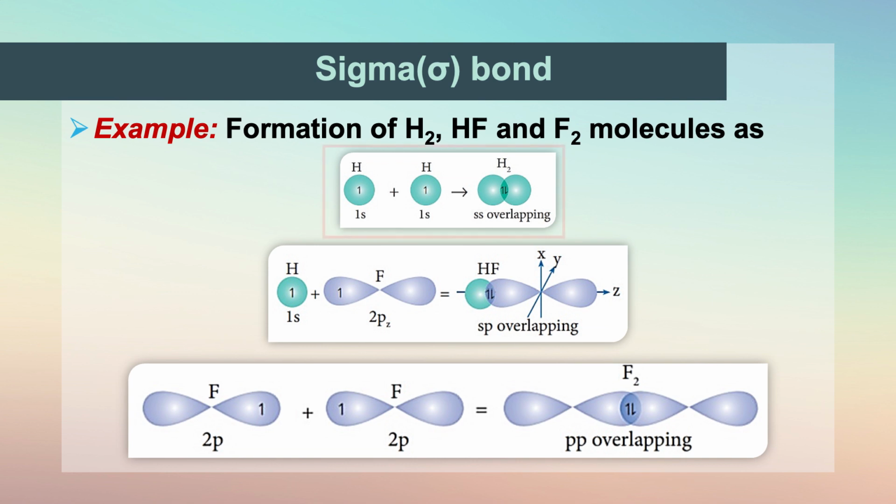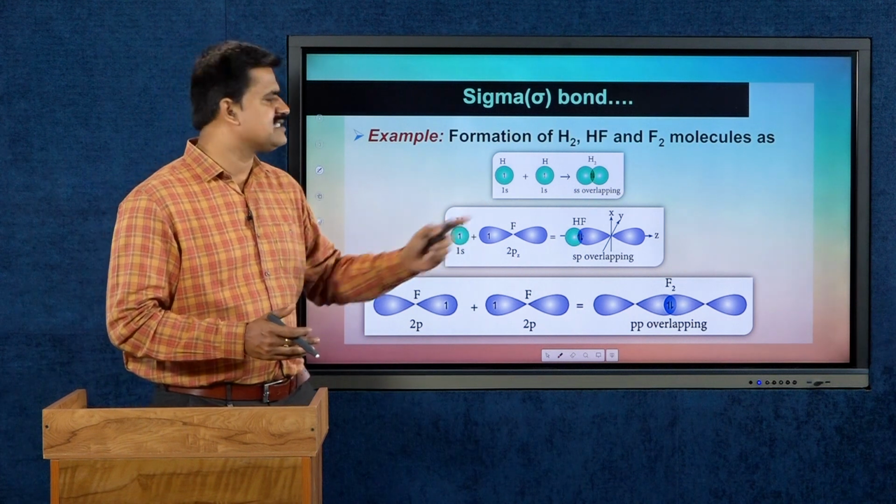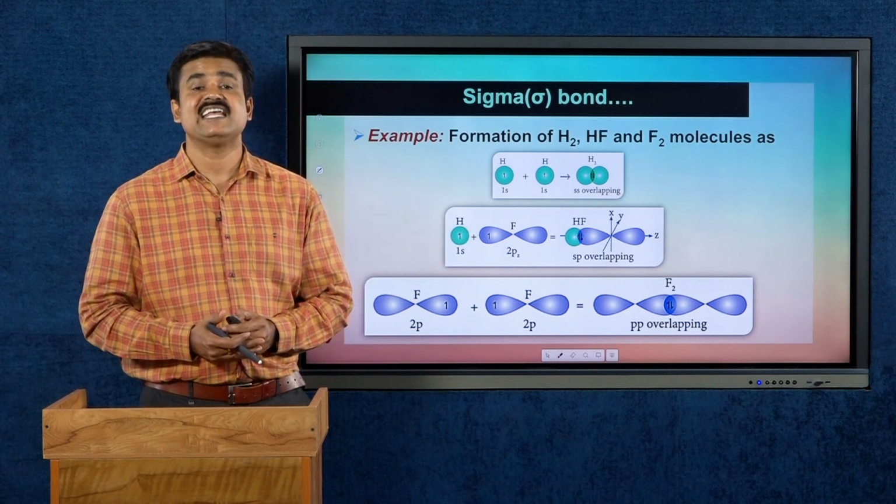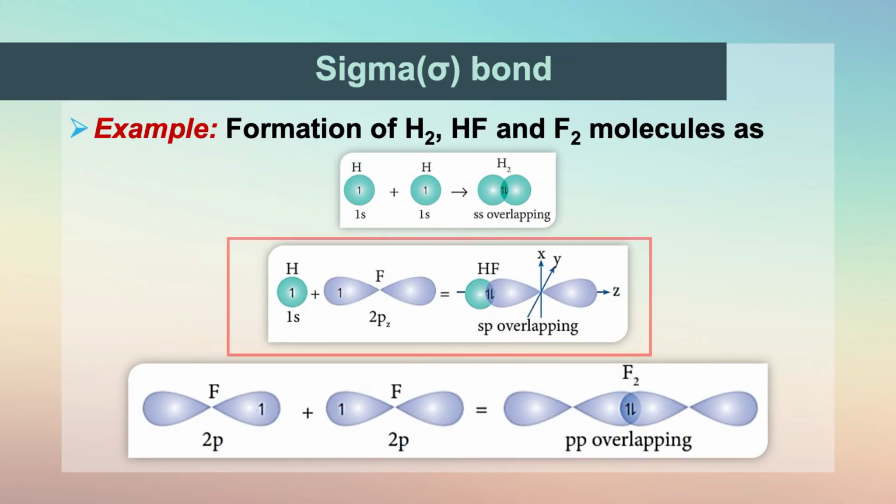The first one shows the formation of H2. Here there occurs end-to-end overlap between two 1s orbitals, leading to the hydrogen single bond hydrogen, that is a sigma bond. The second picture represents the sigma bond formation in the HF molecule, which is also due to end-to-end overlap of an s orbital and a pz orbital.